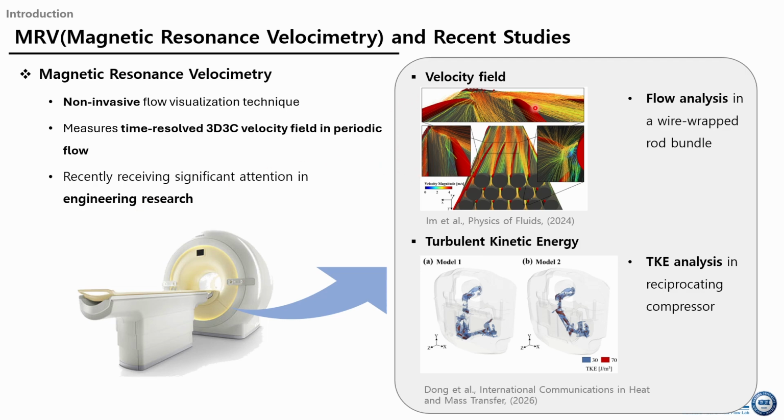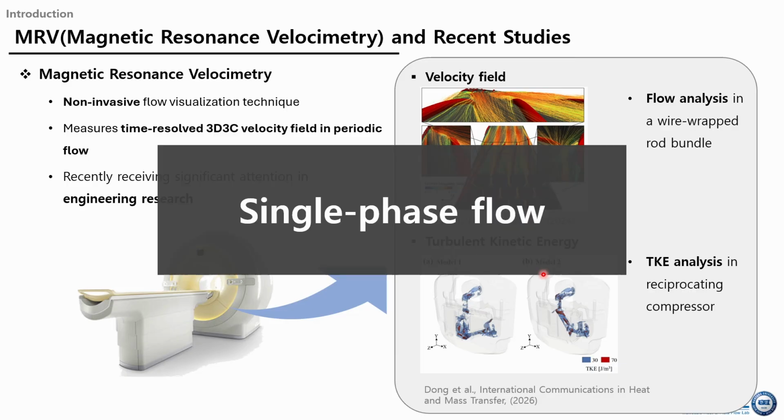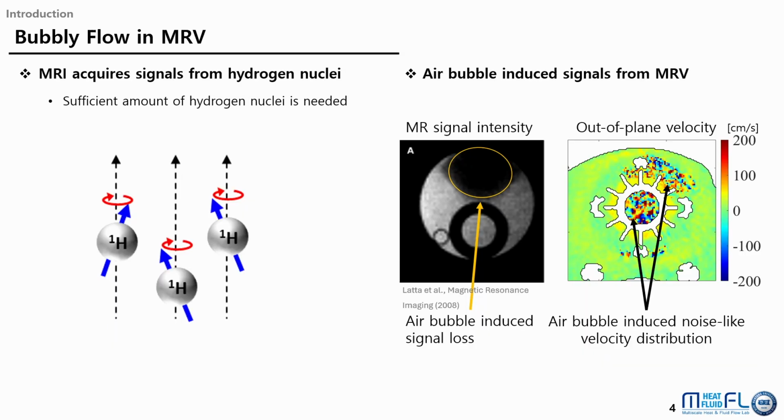Recent work has applied MRV to various flow investigations, including measurement of turbulent kinetic energy. However, most of these studies have focused on single-phase flows. The reason is as follows. MRI acquires its signal from hydrogen nuclei.